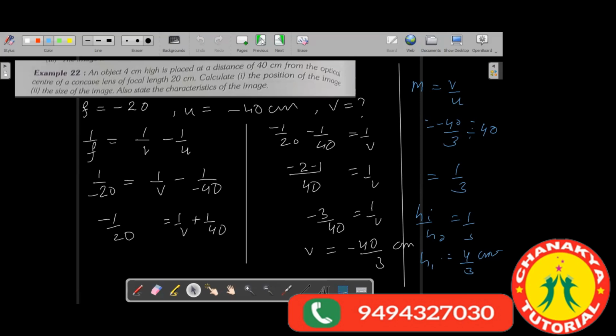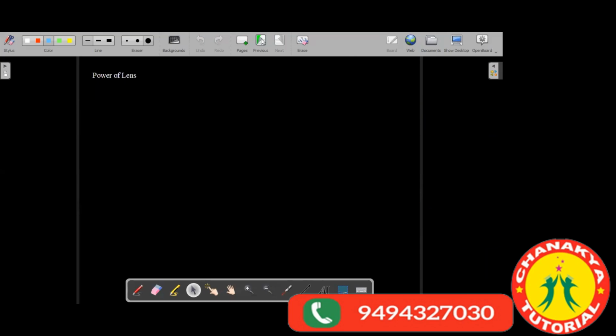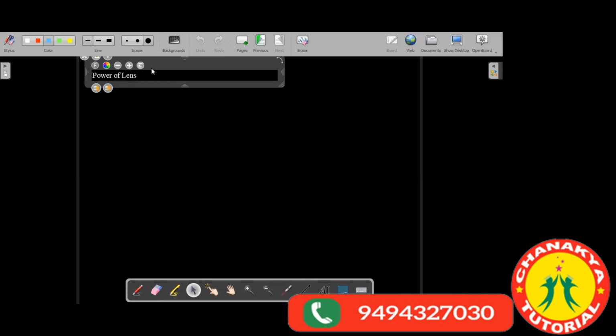Now, as we have seen, what is the power of a lens? Power of a lens is defined as the converging or diverging capacity of a lens.